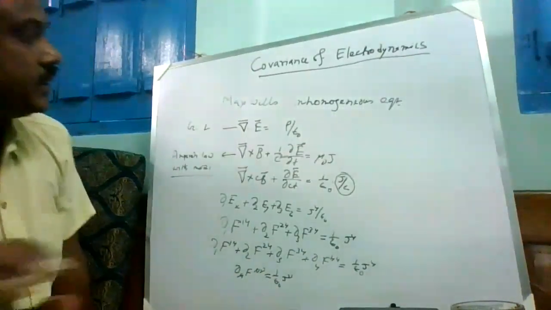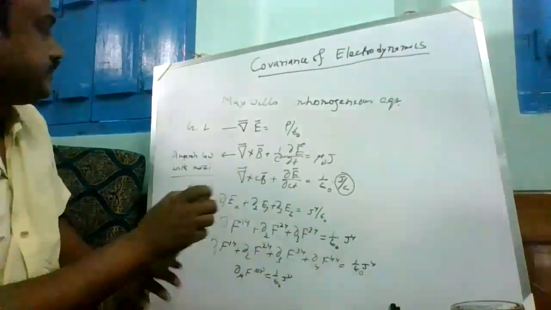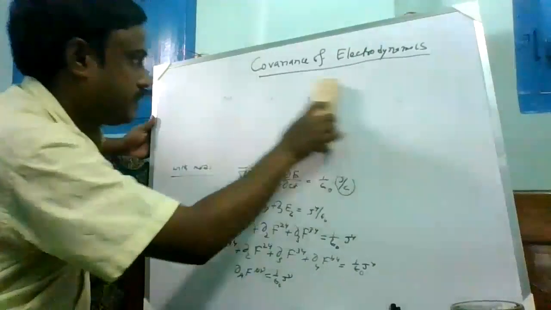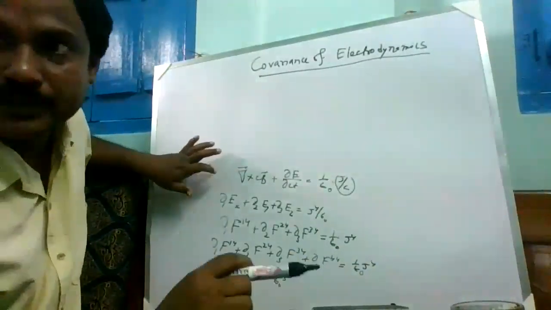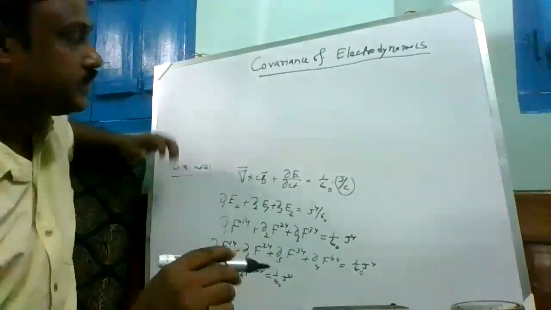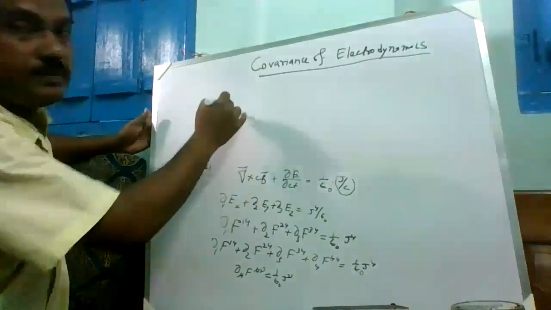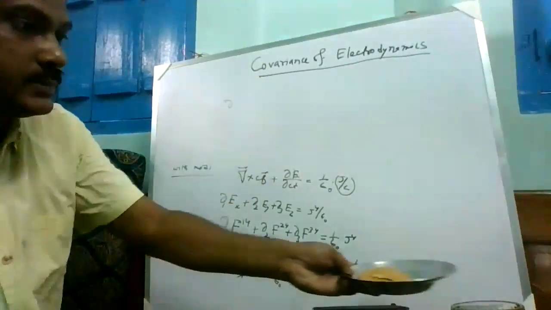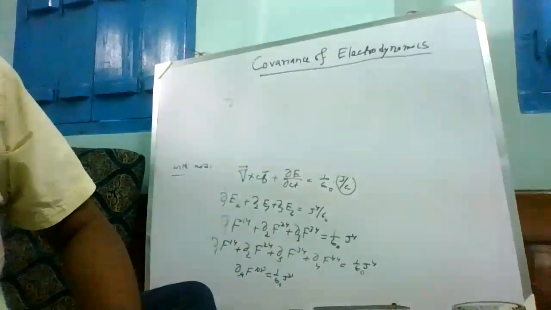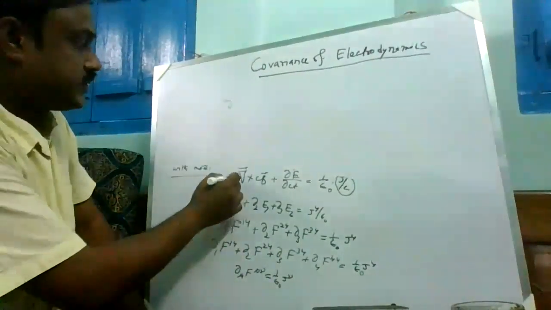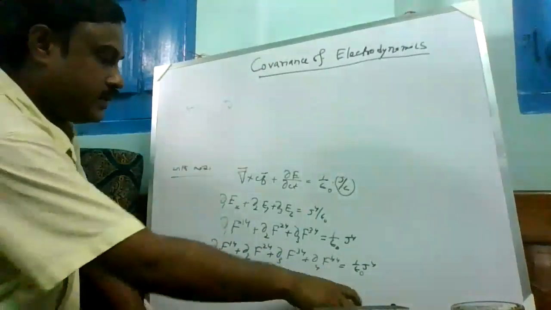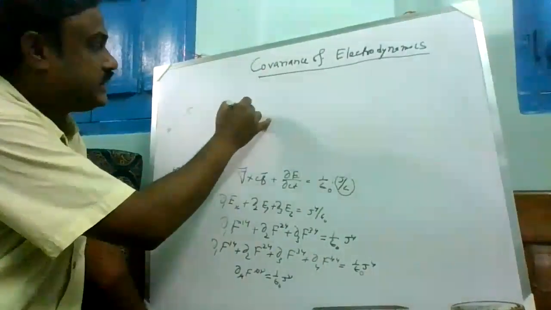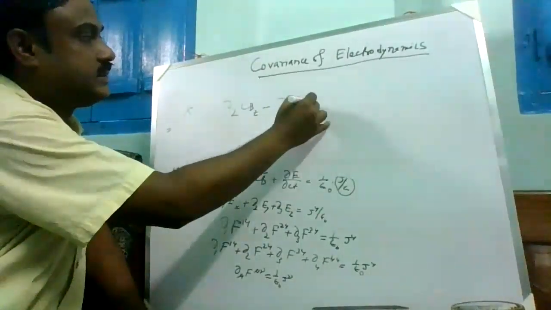For example, if I write this equation, taking the x component only, then this will be written as del 2 cBz minus del 3 cBy.